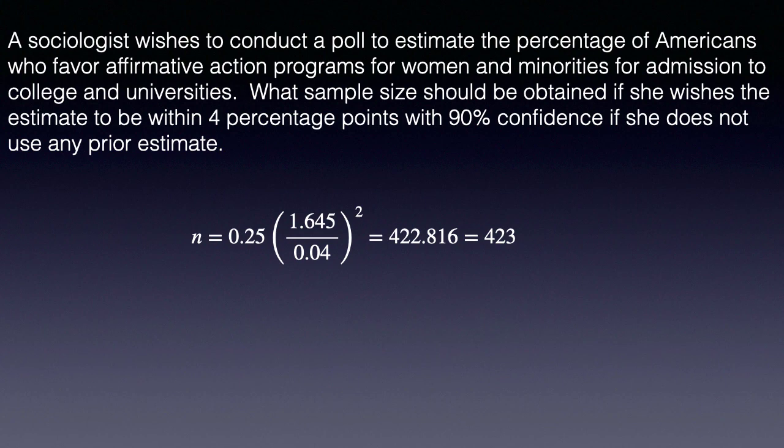So the idea is that if we go out and sample 423 people, then we should have p hat plus or minus 0.04, and we should be 90% confident that within that interval the true population proportion is contained.